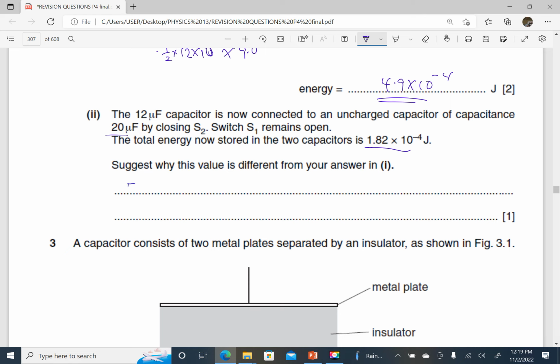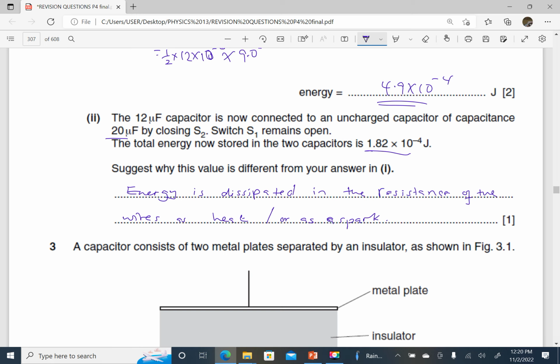Therefore, energy is dissipated in the resistance of the wires as heat, or it can be dissipated as a spark.